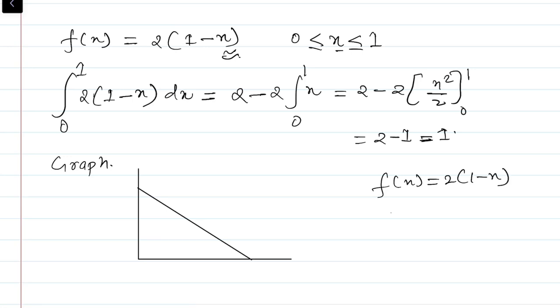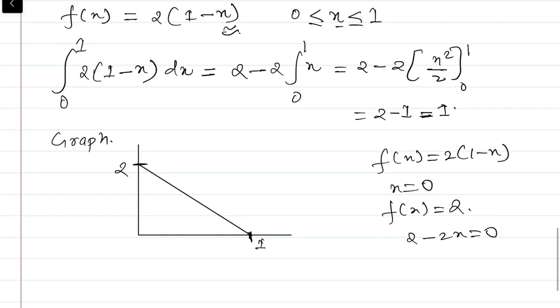You can put x equals 0 and you'll get the value of y. So f(x) is simply 2, right? So this value is 2. Similarly, 2 minus 2x equals 0; you can put y equals 0 and you will get the x-intercept. So this is 1.